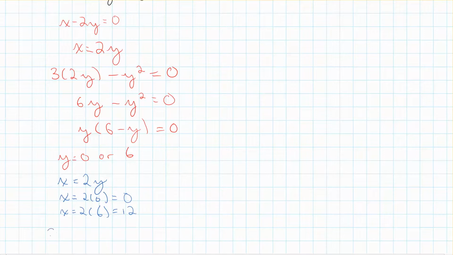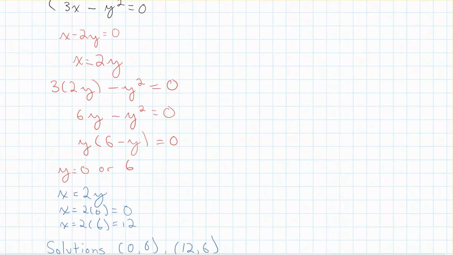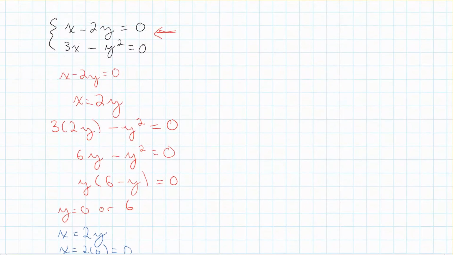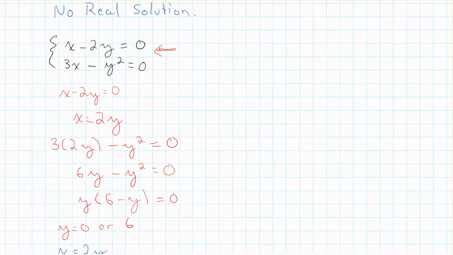And so my solutions, now make sure to put them in the correct order, it's 0, 0, and then the x value is 12 and the y value is 6. Now, I'm going to scroll back up here and put my solutions here as 0, 0 and 12, 6.